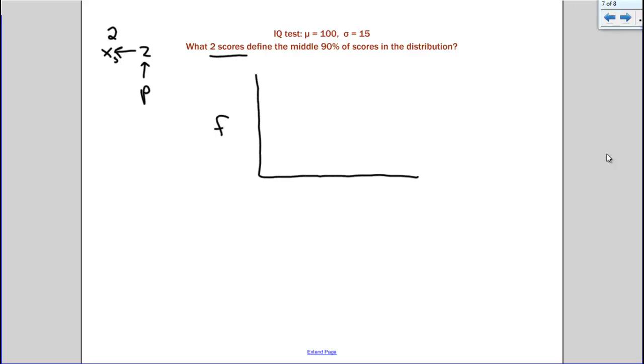So frequencies, IQ scores. Again, the mean in the middle, 100, one standard deviation above, one standard deviation below, and my z-scores. And let's draw this out. There we go.